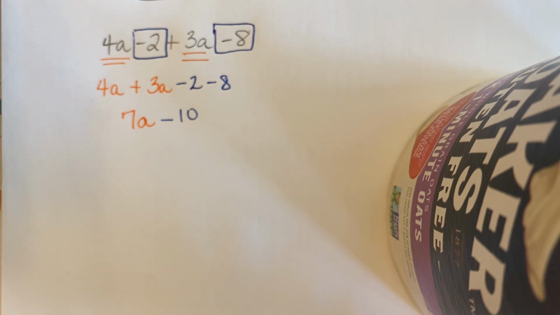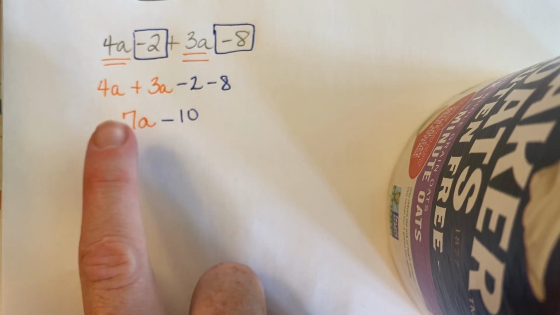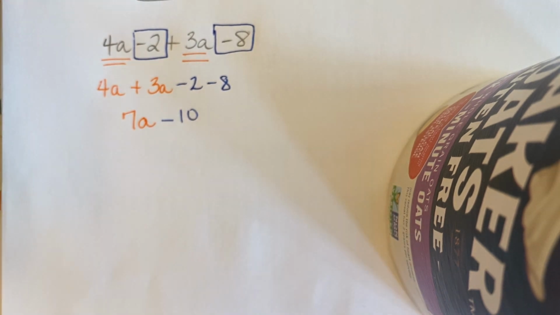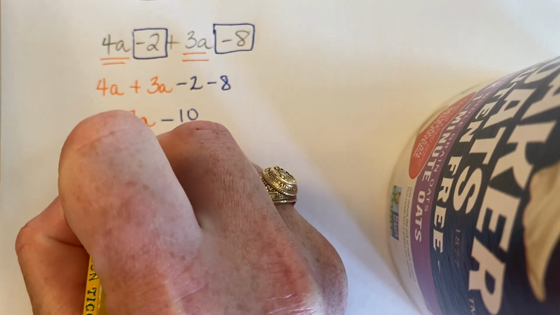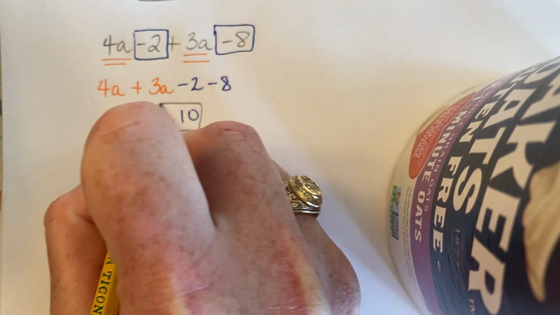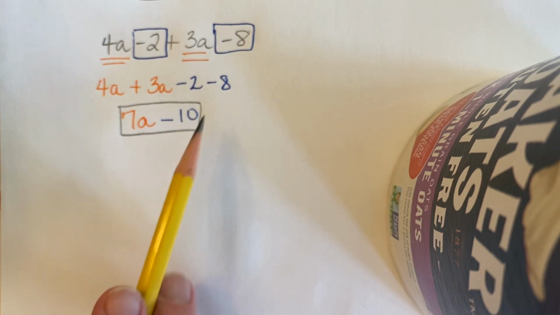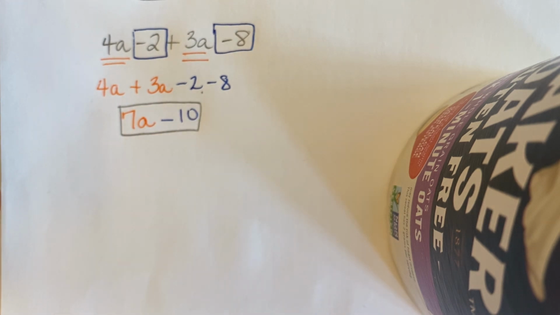So when I combine a -2 and a -8, I get a -10. I show that by just putting a minus sign: 7a minus 10. I don't have a whole bunch of signs floating around here. This is just my final answer: 7a, it was positive, minus 10, because the 10 came out negative here.